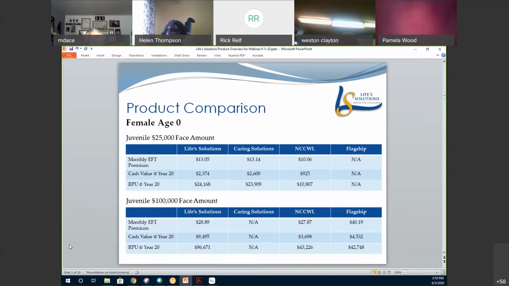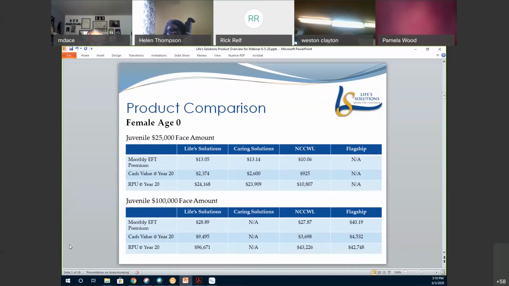Here's an example of a juvenile, but a higher face amount. Same thing, age 0, and you see here, look at the demonstration. We just skipped down to that RPU value, almost 97,000. Far out distances both the Flagship, which was available at that young age, at that high amount, or the NCCW. So it just really shows you.